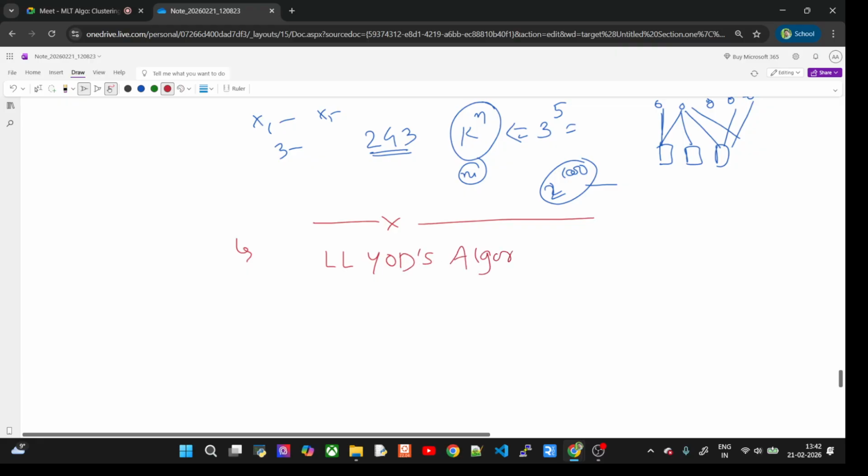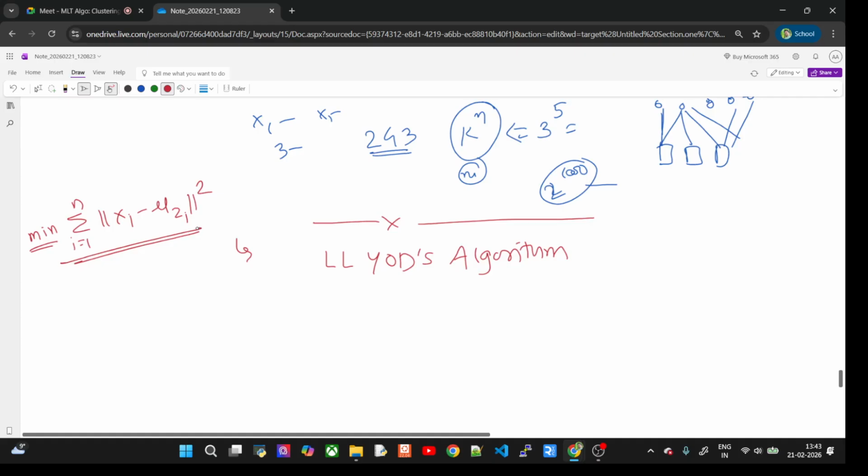To solve this kind of NP hard problem, like to figure out which is the best grouping of the points, which gives you the minimum value of the summation of xi minus mu zi whole square, i equal to 1 to n. You are interested in the minimum value of this equation.